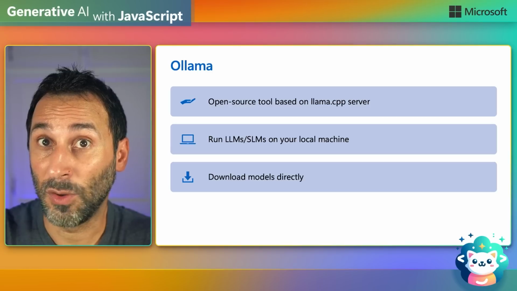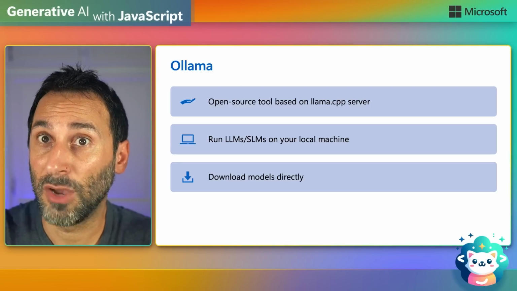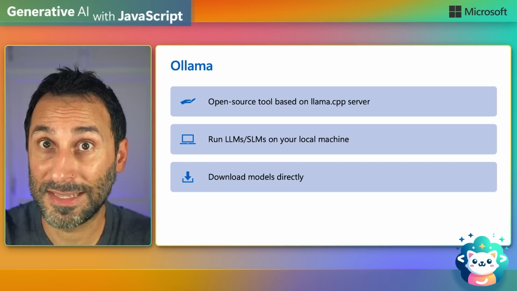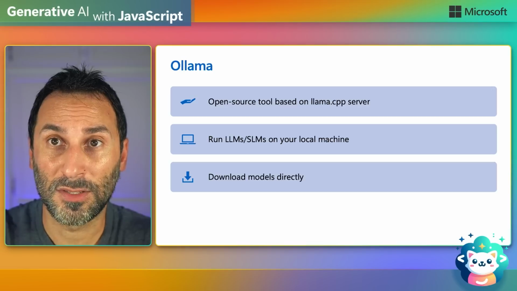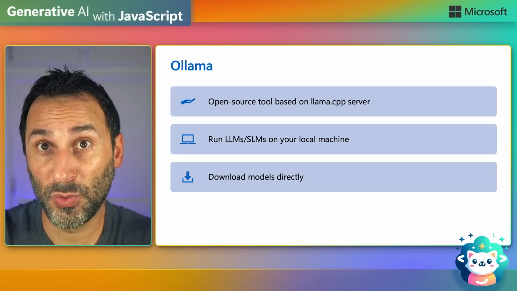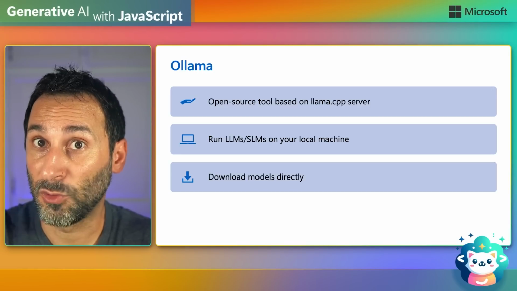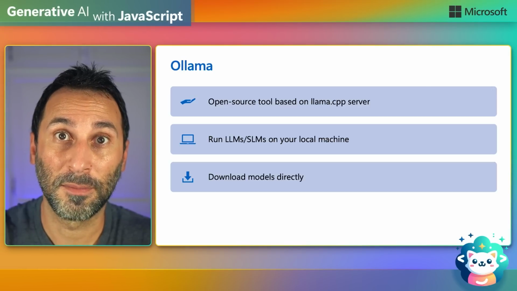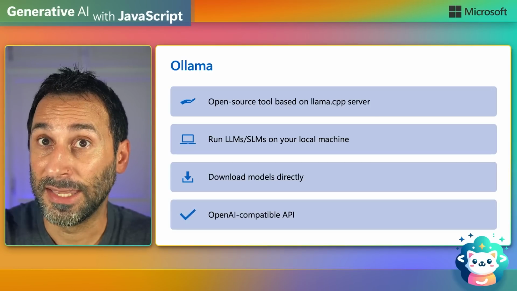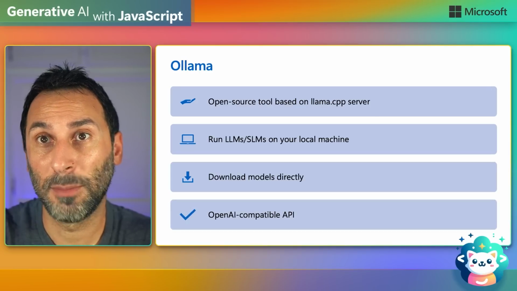It provides a library of quantized models, which are optimized versions of the models at the cost of some quality loss. That means you can choose your trade-off between speed and quality depending on your needs. And finally, it comes with an OpenAI compatible API, so it can work with already existing applications and makes it easy to swap in the model that you're using when working locally or deploying to production.